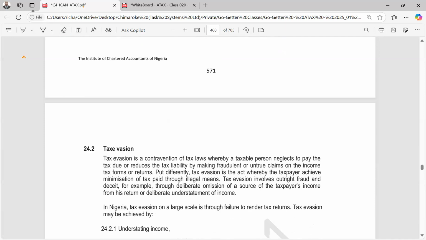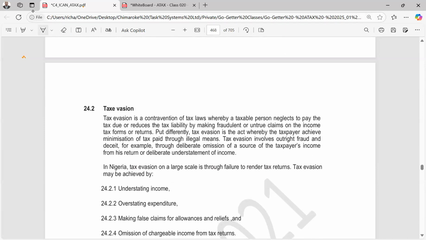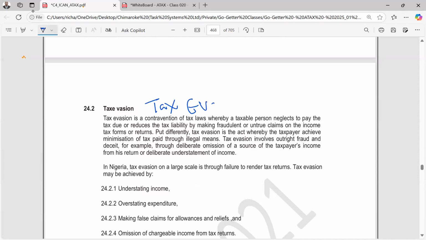All right. What is tax evasion? Tax evasion. When somebody is evading, the person is dodging. Somebody will say, why are you evading the question? Means, why are you dodging the question? You are refusing to answer the question. Maybe you are answering in such a way that you're not going straight to the point.